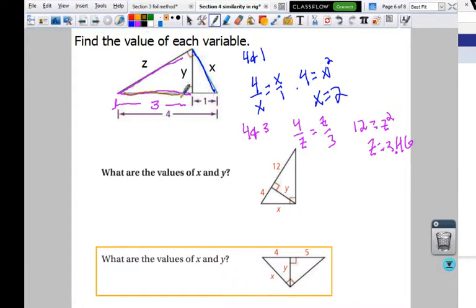The geometric mean of this piece and this piece equals our altitude. So the geometric mean of 3 and 1 is going to equal y. We go 3 over y equals y over 1, and 3 equals y squared. This one's going to be like a 1 point something. Y is going to equal square root 3, which is 1.73.